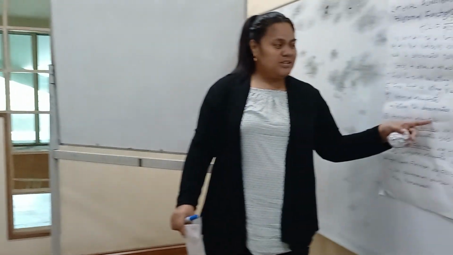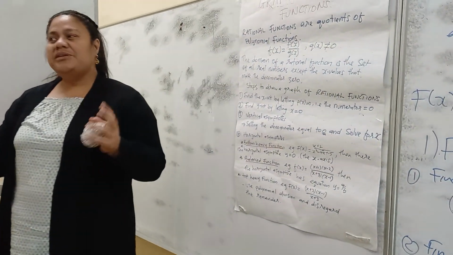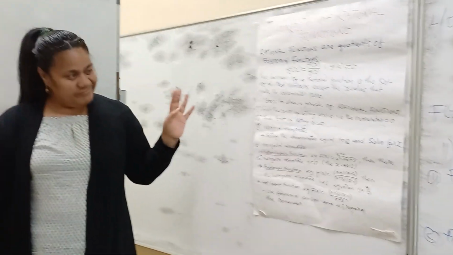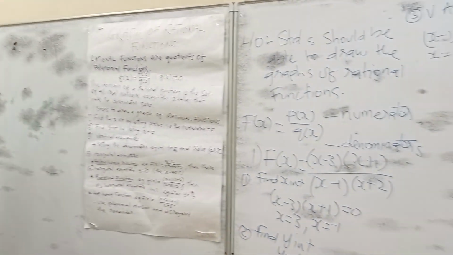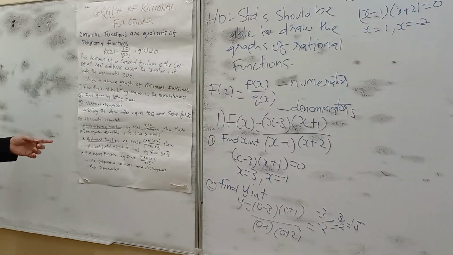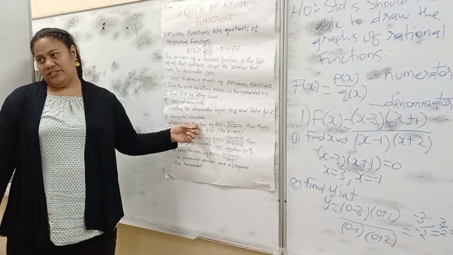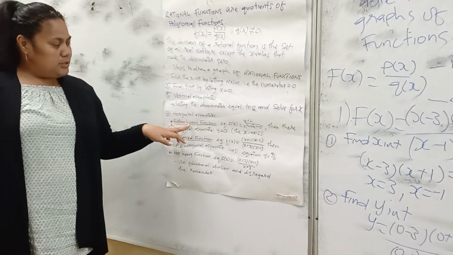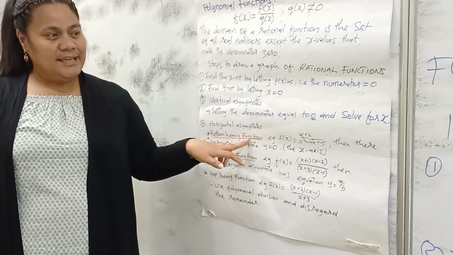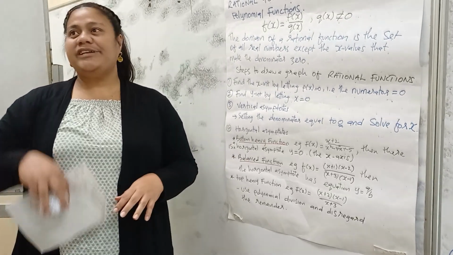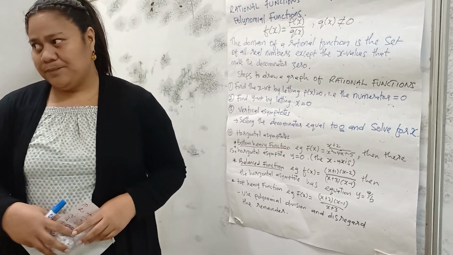Okay. For the last one, the horizontal asymptote, there are 3 possibilities. So you must study the function, like this one, the bottom heavy function. Bottom heavy function means the degree of the denominator is greater than the degree of the numerator.